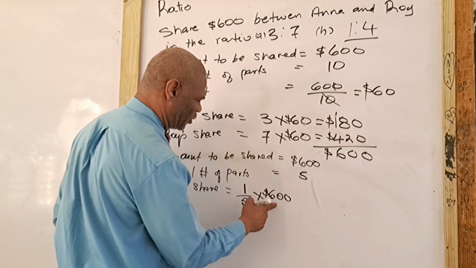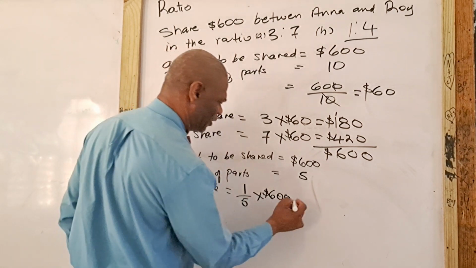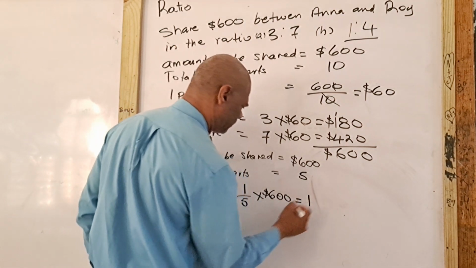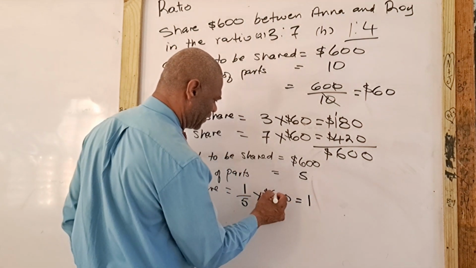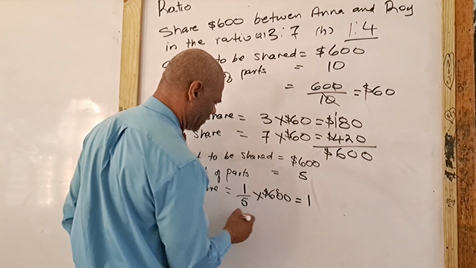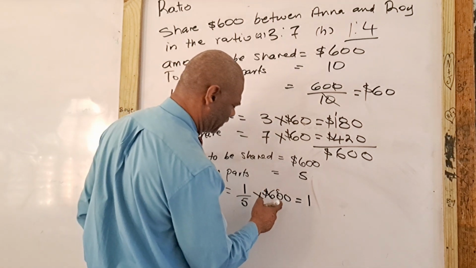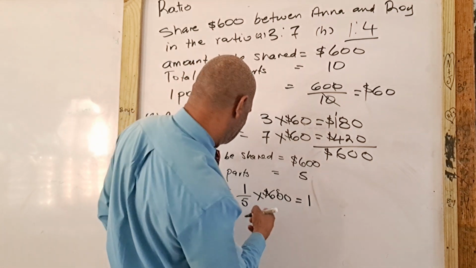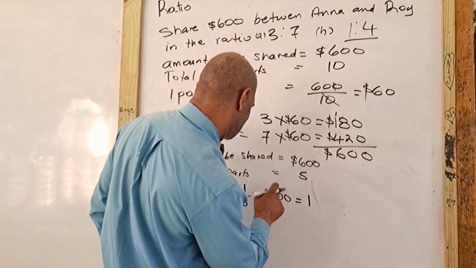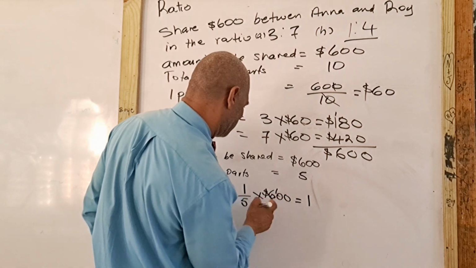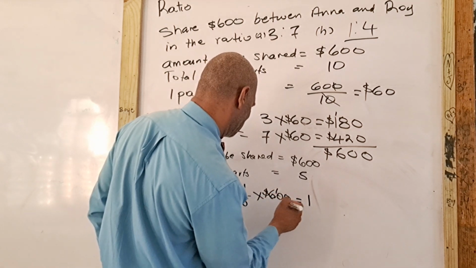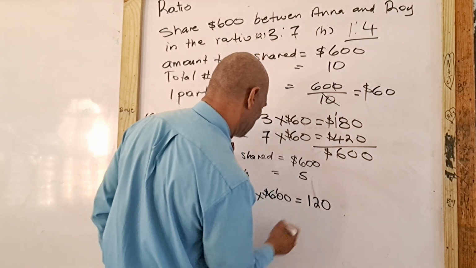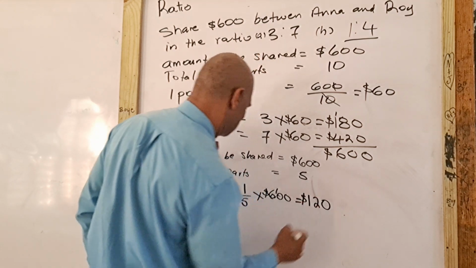So we divide 600 by 5, and that gives us what? 5 into 6 is 1, and it leaves 1. 5 into 10 is 2. Or 5 into 100, that's $120.